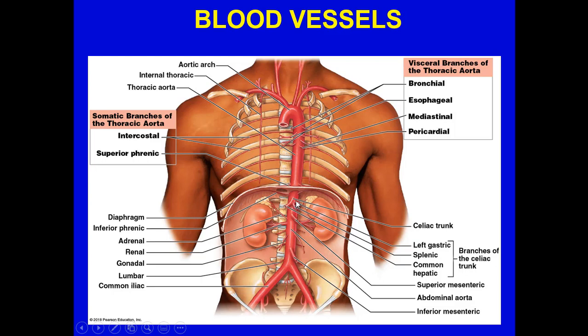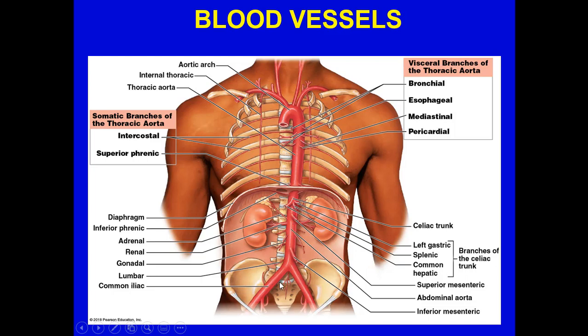Then you're going to start dealing with the celiac trunk, and you will have branches off of it, the left gastric, the splenic, the common hepatic, as well as a major branch, the superior mesenteric, and then a lower one. Now the superior mesenteric is right here. The inferior mesenteric is right here. The abdominal aorta is right here. And what defines it is really the diaphragm. Once you pass from here to here, okay, you've gone from thoracic aorta now to abdominal aorta, okay?